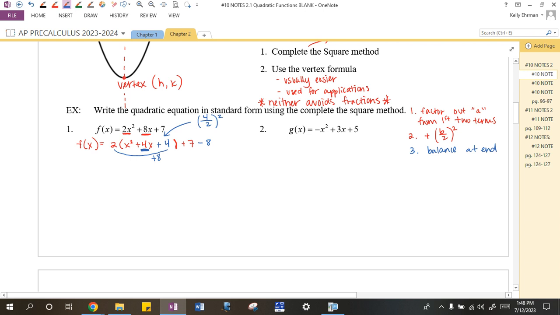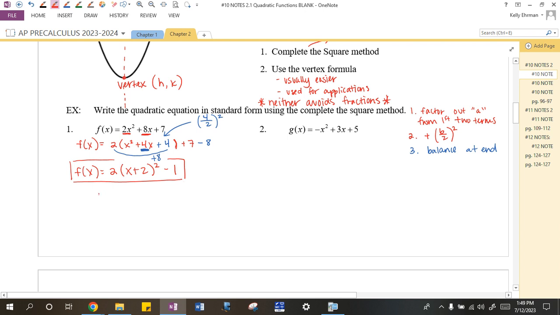Okay. Step 4 is to factor and simplify, and we should have our vertex form. So f of x is equal to, this 2 is still out here, x squared plus 4x plus 4 is going to be a perfect square trinomial. Adding this b over 2 squared creates this perfect square trinomial, meaning it's going to be x plus 2 times x plus 2, or we would write that as x plus 2 squared. And then 7 minus 8, we can simplify that to minus 1. So this is the standard form of our parabola.